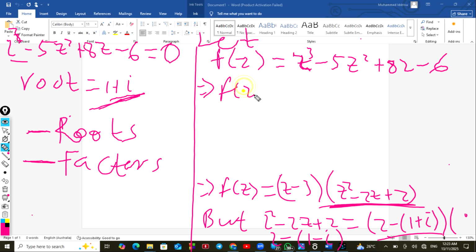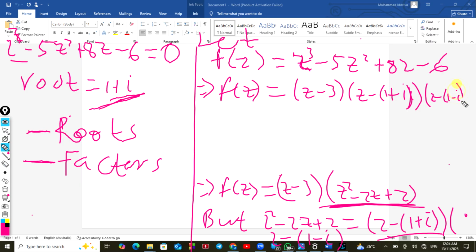Our f of z is equal to what? z minus 3. So in place of z squared minus 2z plus 2, we are now writing z minus 1 plus i multiplying z minus 1 minus i.